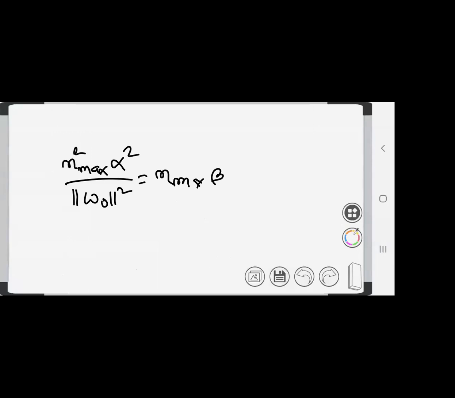Solving for this n max for a given solution vector w0, we find that the maximum number of iterations can be given as beta mod of w naught square divided by alpha square.